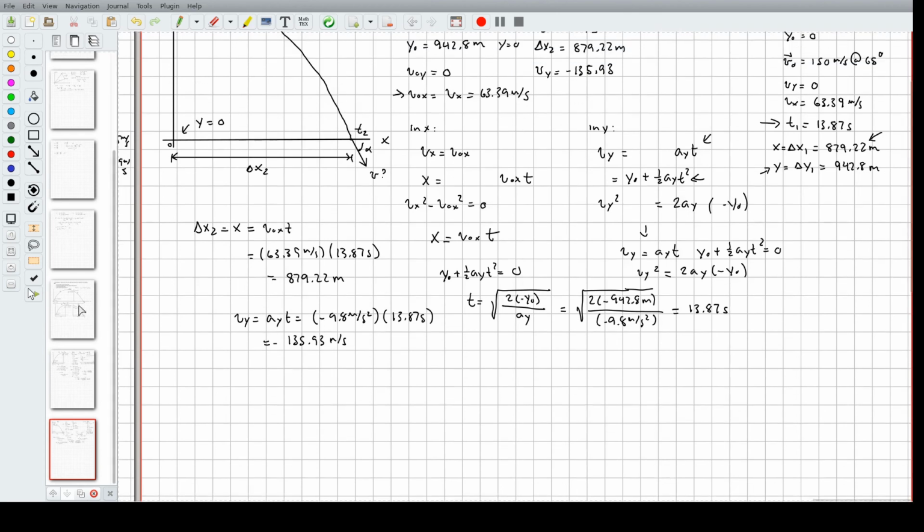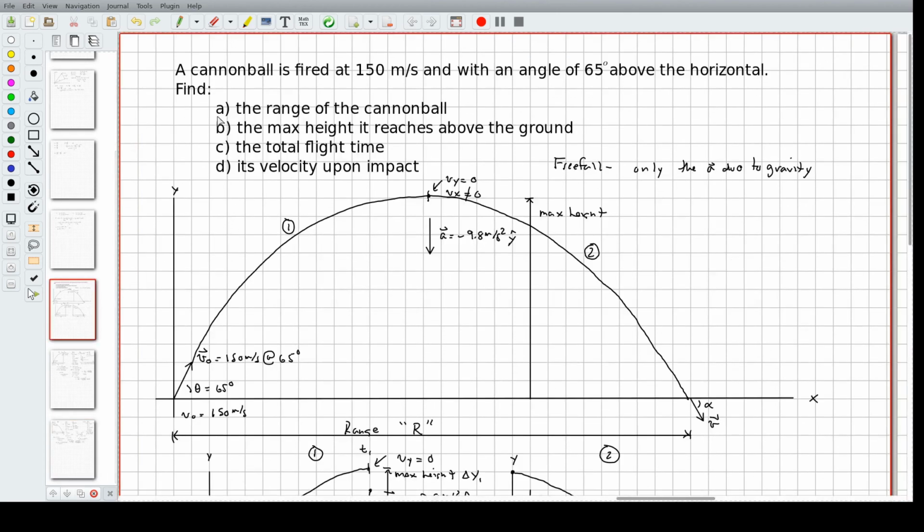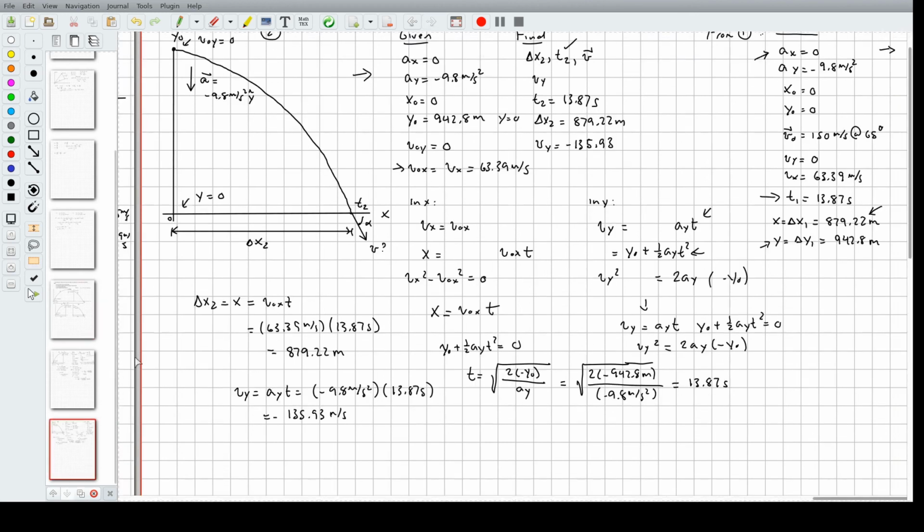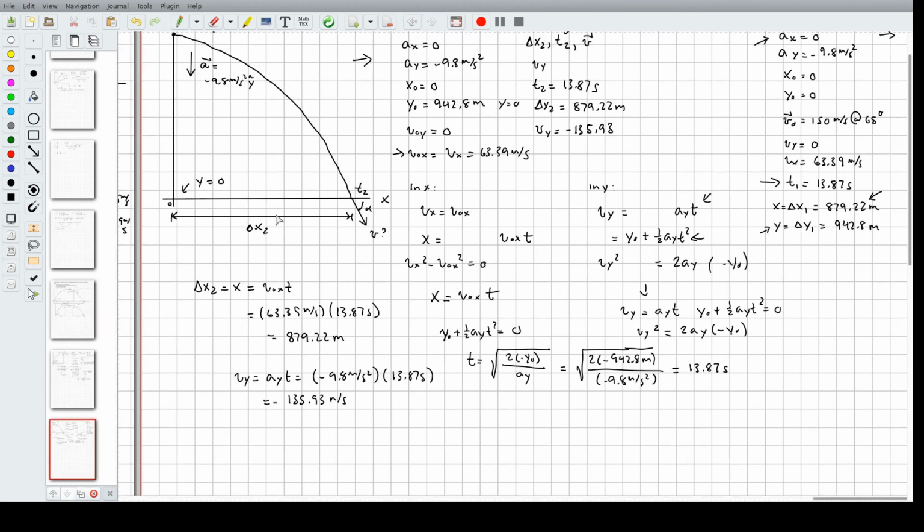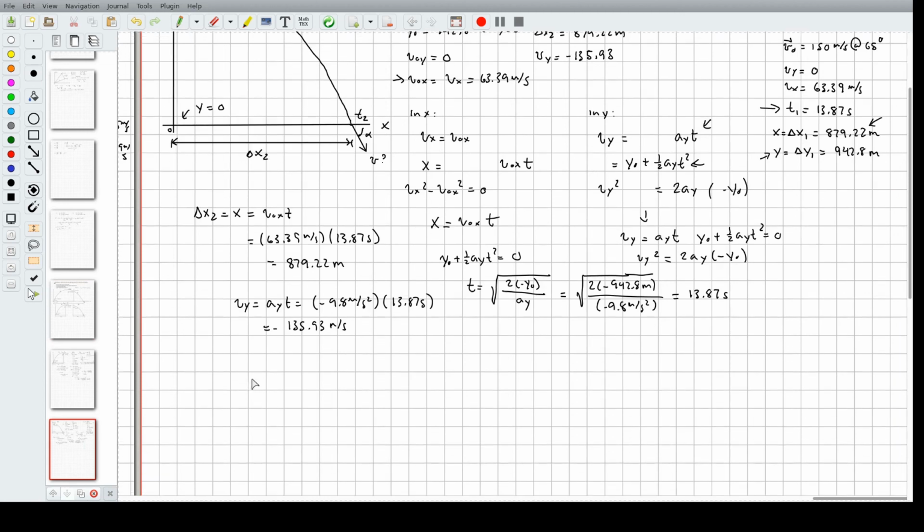So part A was to find the range of the cannonball. Now the range is how far it went in x for part one and how far it goes in x for part two. You add those together. So for part A, the range is delta x1 plus delta x2.